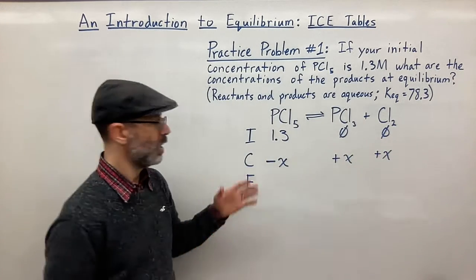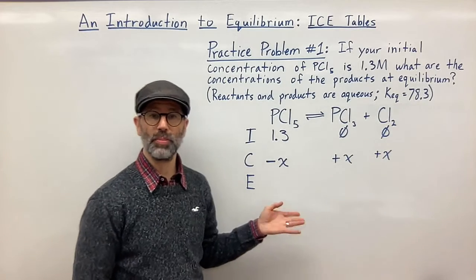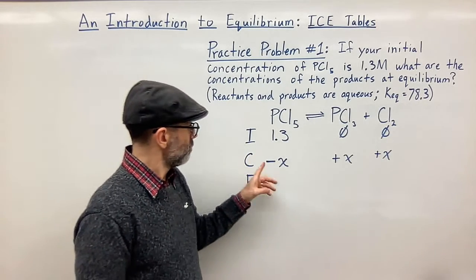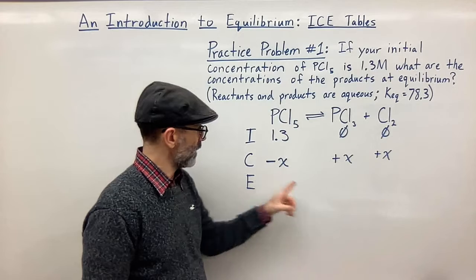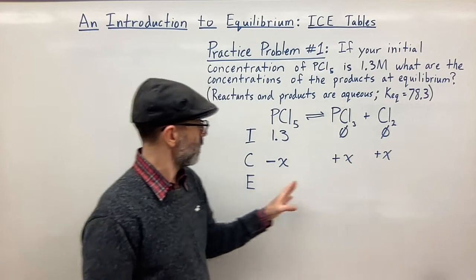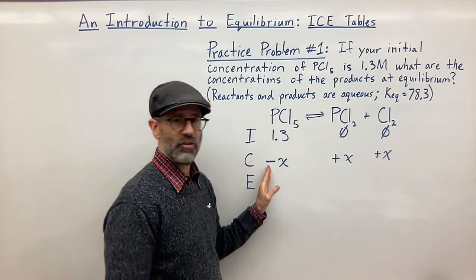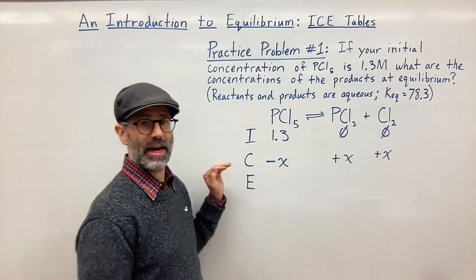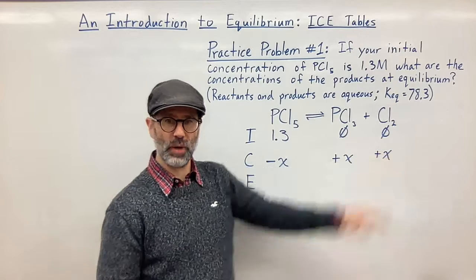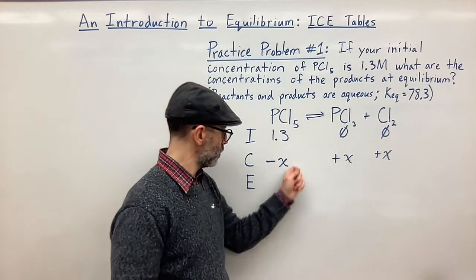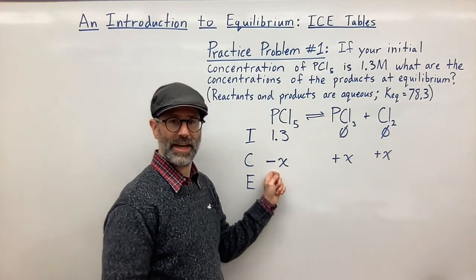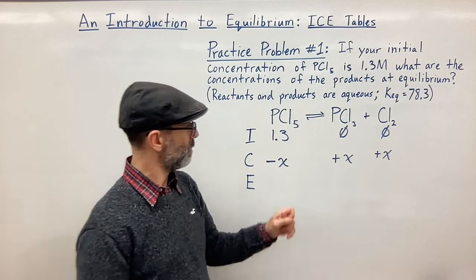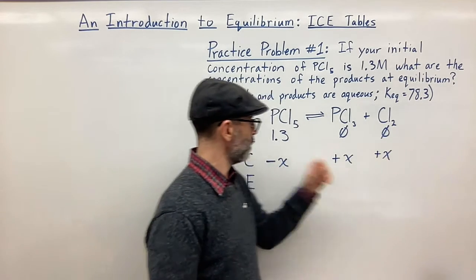Now, another thing I want to point out that's really important. Why do I put negative X here, positive X, positive X? First of all, negative means I'm losing. So if the reaction is initially going this way, then I'm going to lose some of this. So I'm going to subtract X from this part, and I'm going to add X here.